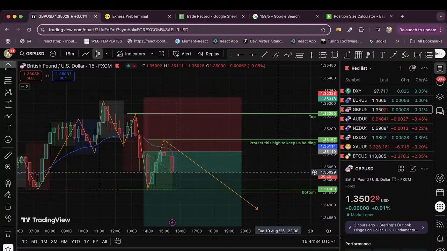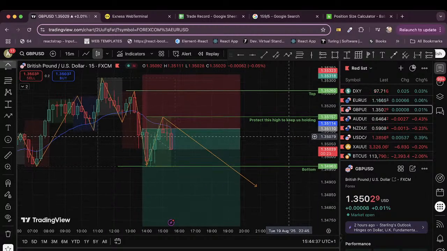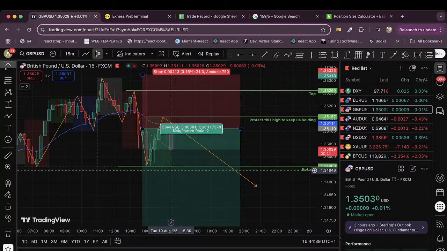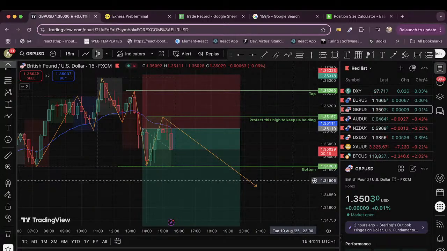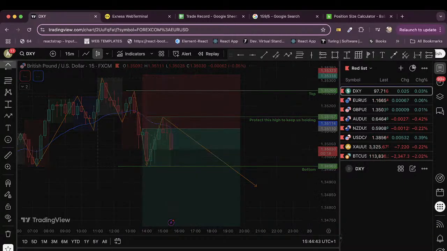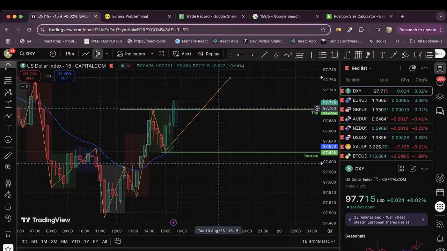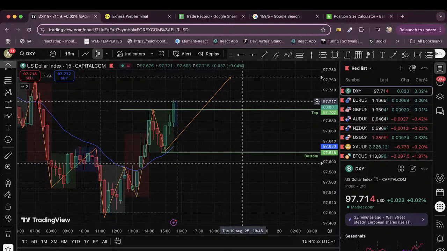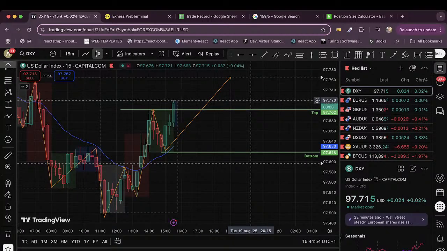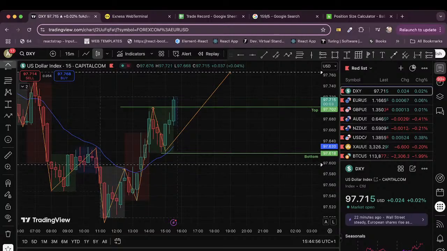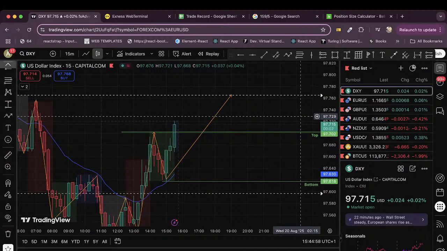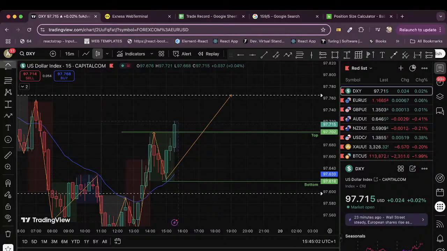If you are considering where DXY is, British pound should be trading below that bottom by now. But you can see British pound is a bit slow, and we need to take that into consideration. The fact that they are slow means maybe there are more bulls there holding them from going so down.